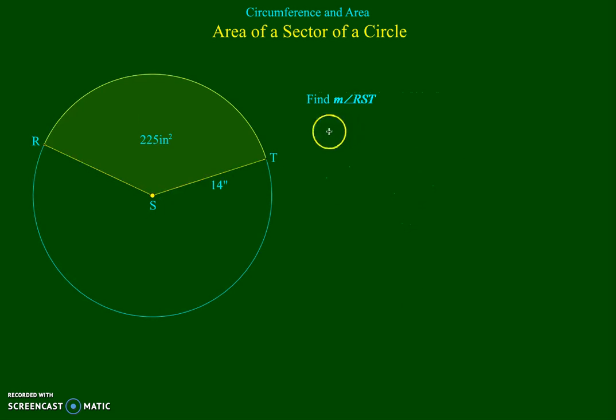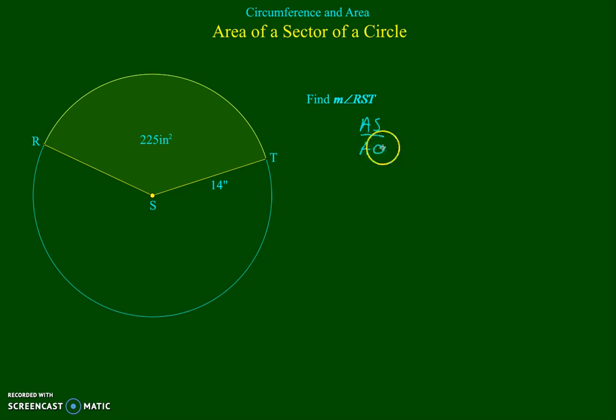All right, let's work another example. In this problem, we're given the area. Notice 225 square inches is an area measurement, so that's the area of the sector. And we're given the radius is 14 inches. We're looking for the measure of angle RST, and that's the central angle here. So area of sector is to area of the circle.